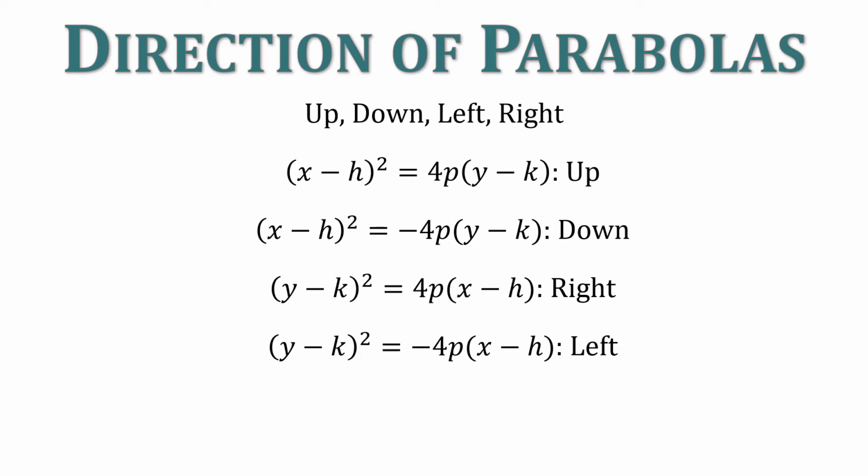So if my x is squared and my p is positive, I'm facing up. If my x is squared and my p is negative, I'm facing down. If my y is squared and my p is positive, I'm opening to the right. Whenever I say facing, I mean opening. And if my y is squared and my p is negative, the parabola is opening to the left.